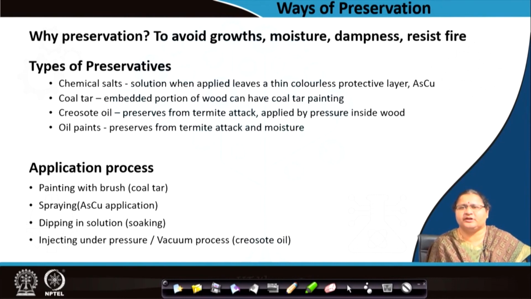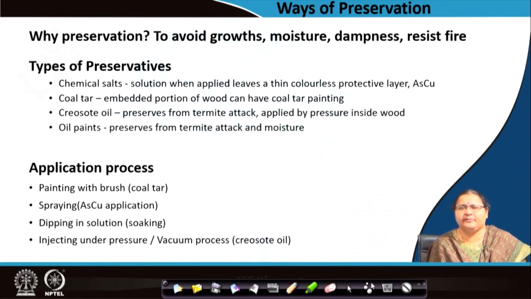Dipping in solution is another way where you can dip the entire timber pieces, that is the converted timber, into solutions. So, this is a better way. Why? Because through brushing or through spraying, some portions may not be covered.